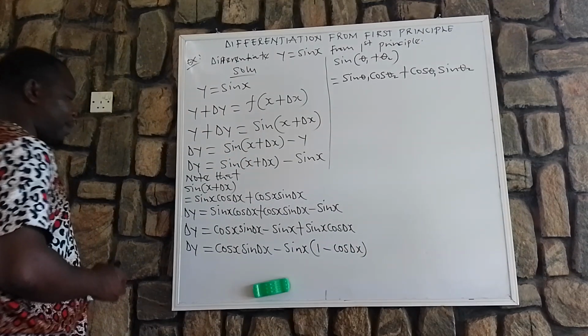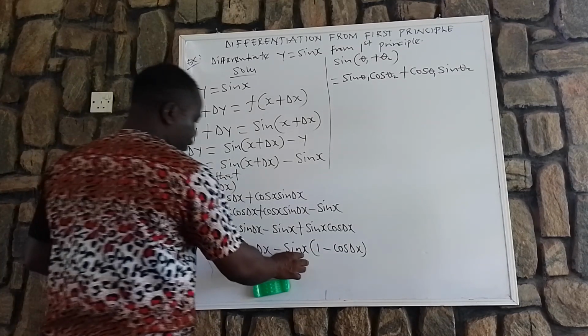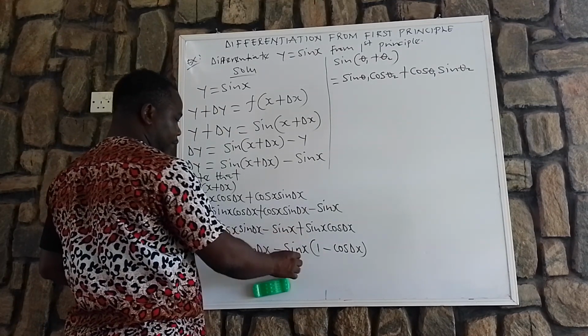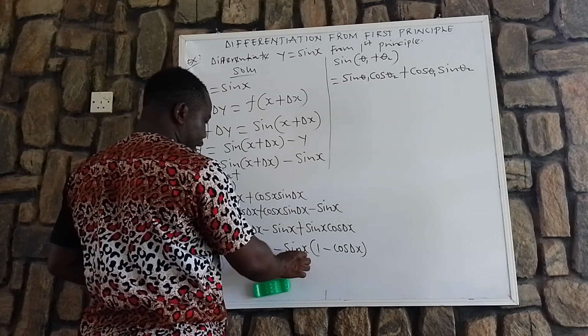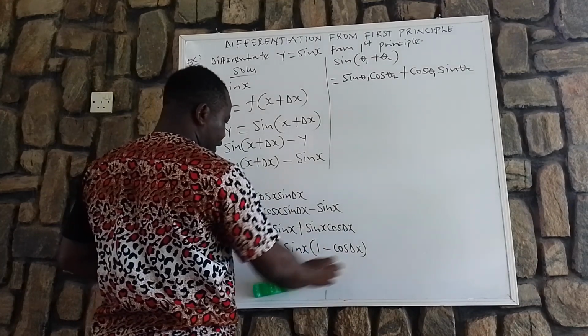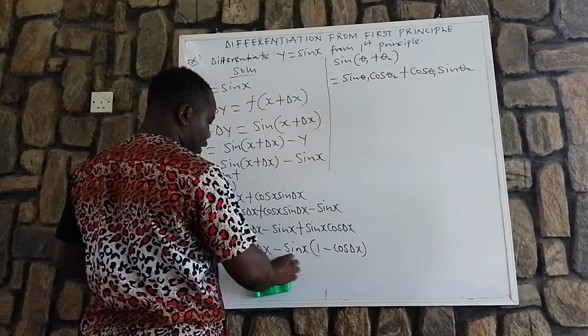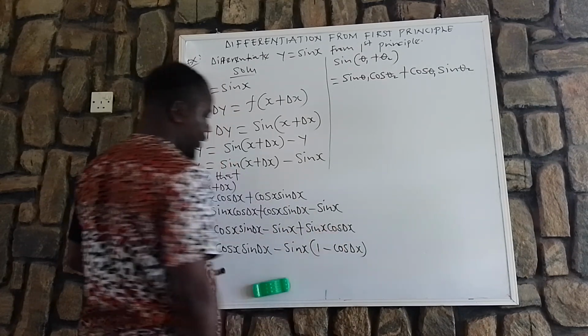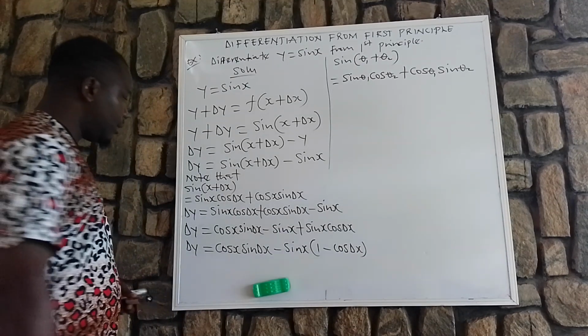It's true, because if you multiply this sine x by 1, you get back minus sine x, then minus sine x times minus cos dx gives plus sine x cos dx.